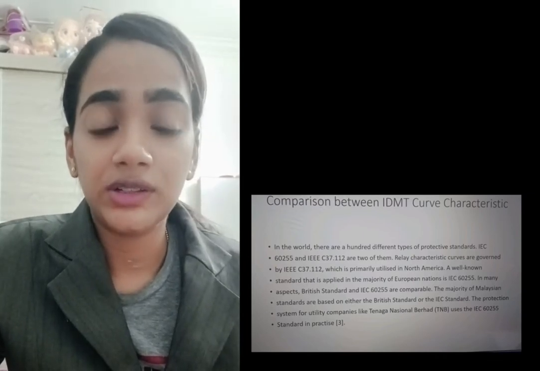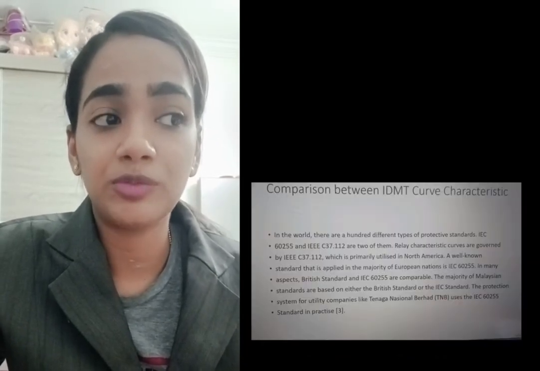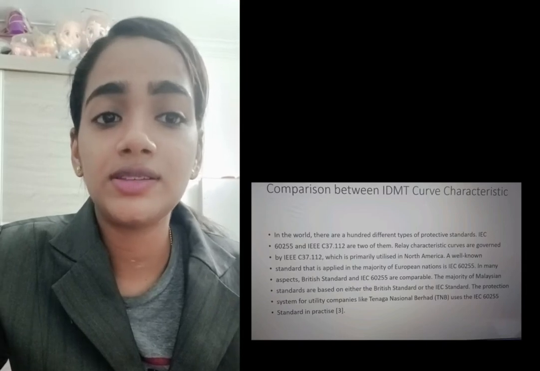Comparison between IDMT curve characteristics. In the world, there are many different types of protective standards. IEC 60255 and IEEE C37.112 are two of them. Relay characteristic curves are governed by IEEE C37.112, which is primarily utilized in North America. A well-known standard that is applied in the majority of European nations is IEC 60255.